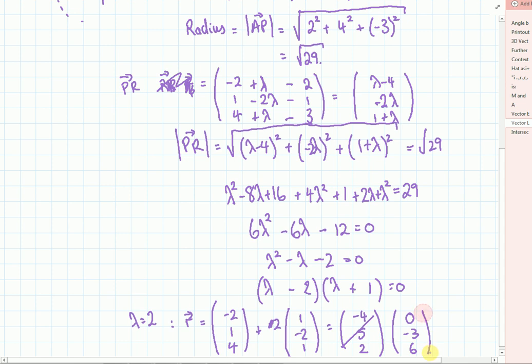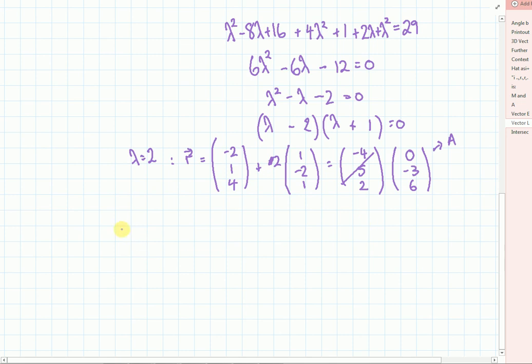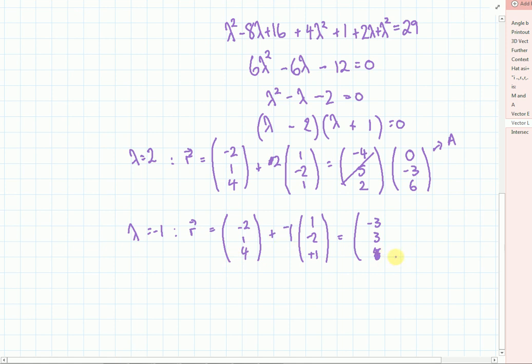And 0, minus 3, 6 is A. So we need to put in lambda is minus 1 to give us B. Minus 2, 1, 4 plus minus 1 times 1, minus 2, 1 gives me minus 3, 3, and 5. Oh, sorry, that's a plus 1. Gives me 3, 3, 3, and this is point B.